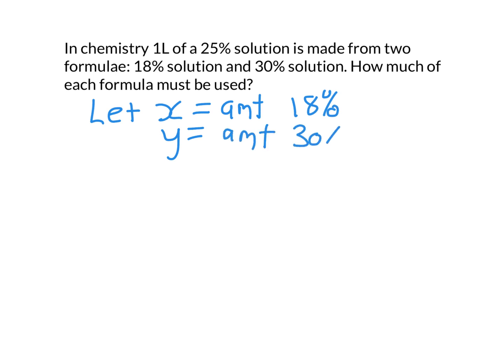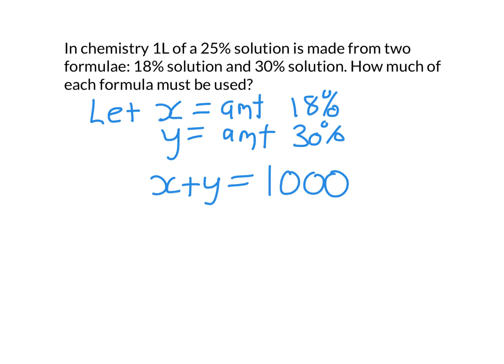After we've defined the variables, we need to come up with two equations. We're using 1 litre of these two things combined. So I'm going to write x plus y equals 1,000, because 1 litre is 1,000 mils, and it's going to be easier to use 1,000 than 1. That's my first equation, but I need another.